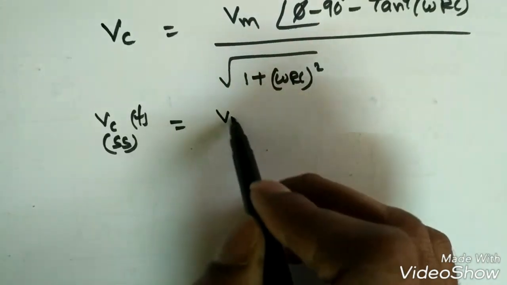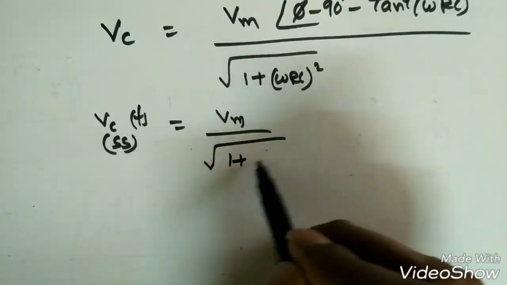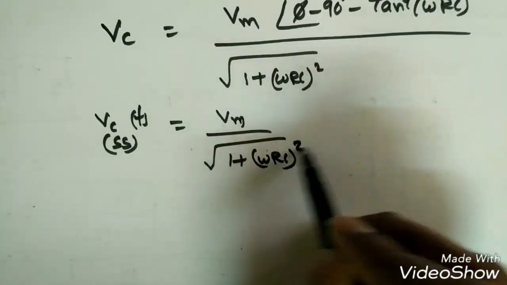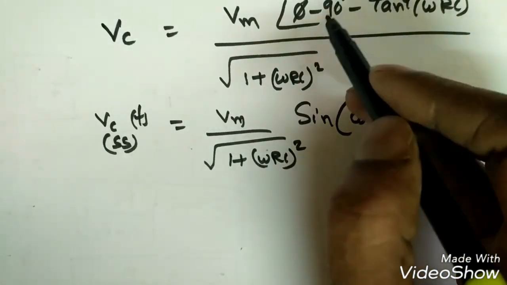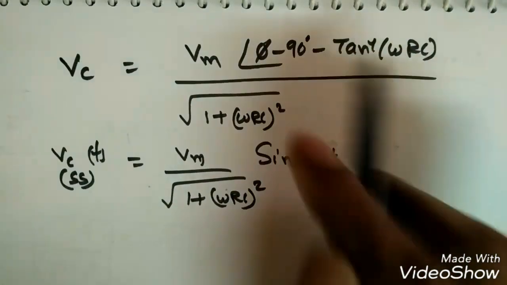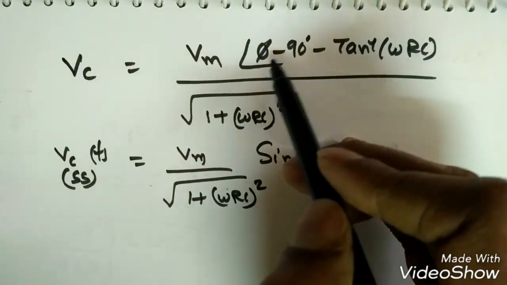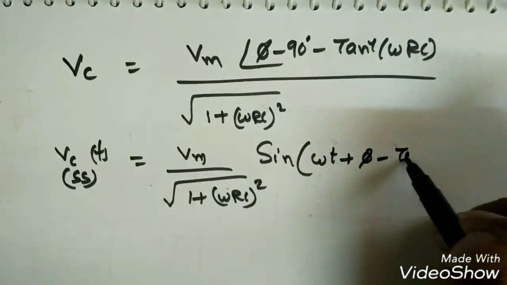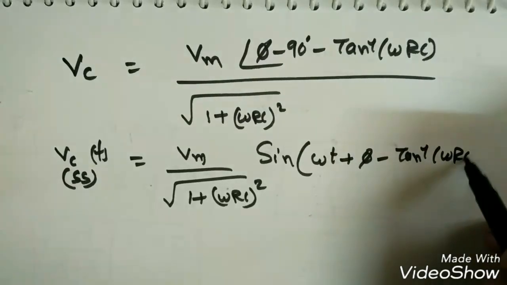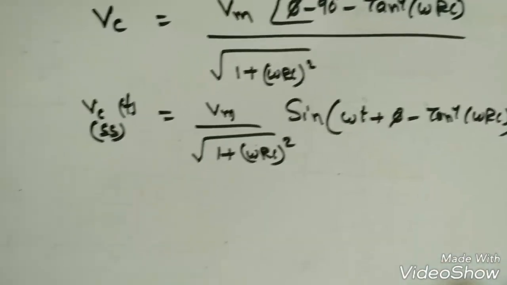The magnitude is as it is, Vm by square root of 1 plus omega RC square, so it will become sin omega t. The 90 degrees will not come, because it is pi minus 90. So the phase is pi minus tan inverse omega RC. So this is the steady state response.